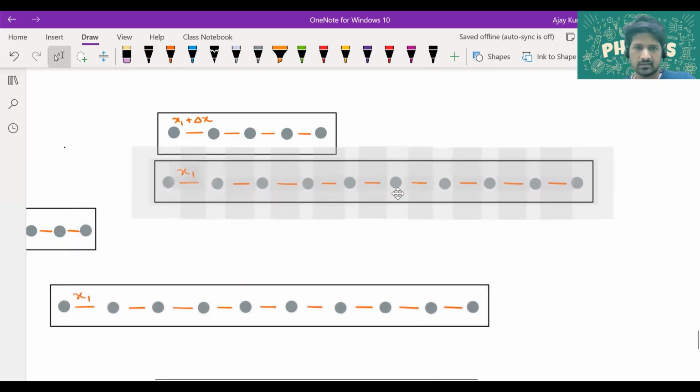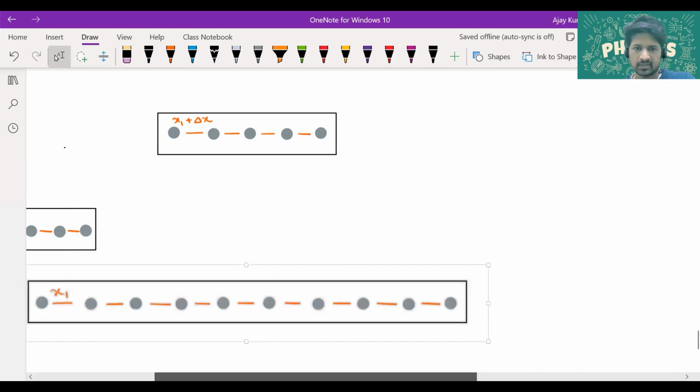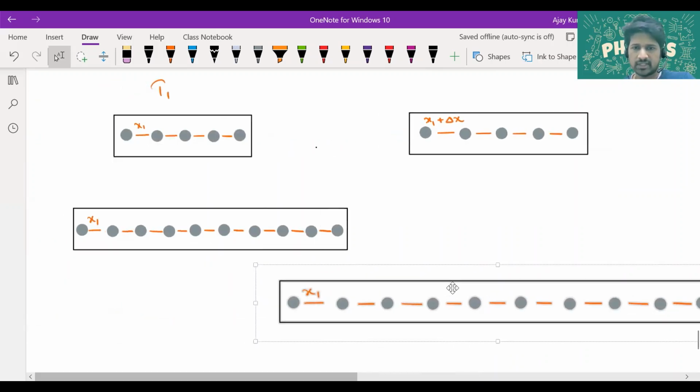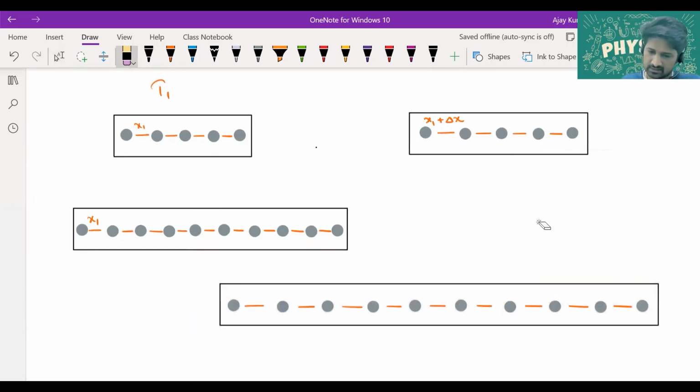Right, it's somewhat like this. So the space between any pair of molecules of the other set also is now x1 plus delta x, some extra space. Now see, totally how many gaps were there in the first object? 4 gaps were there.